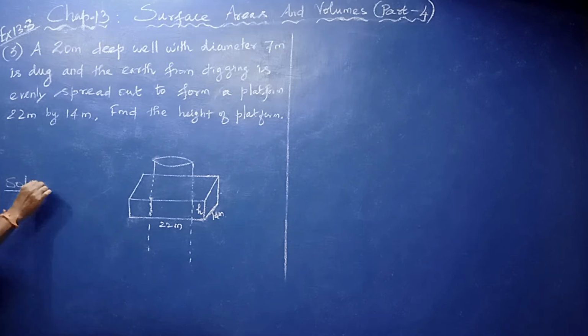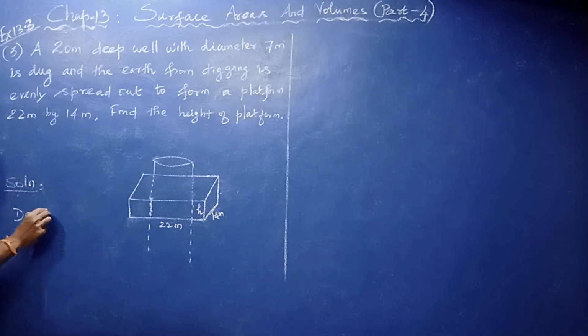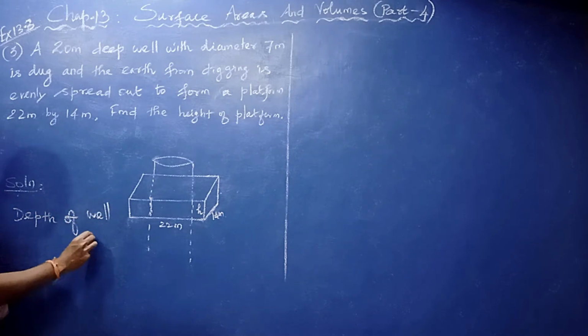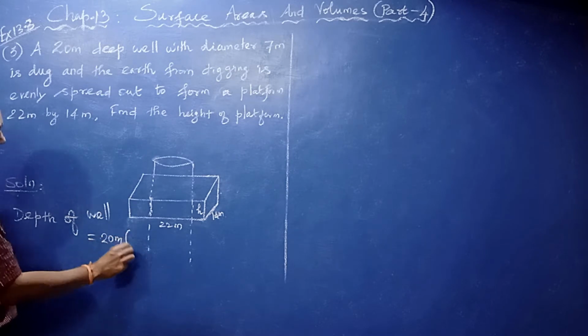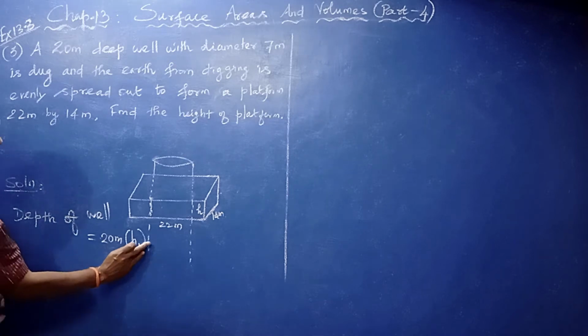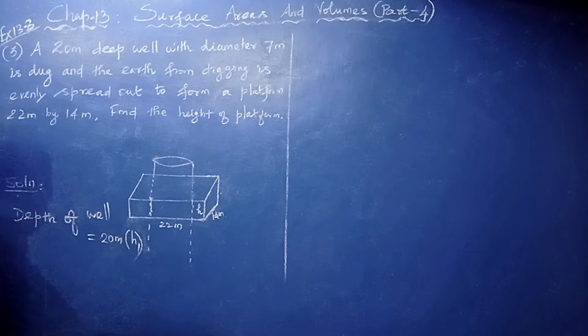You have to find out the height of the platform. A 20-meter deep well means the depth of well is equal to 20 meter. That you take as H1.